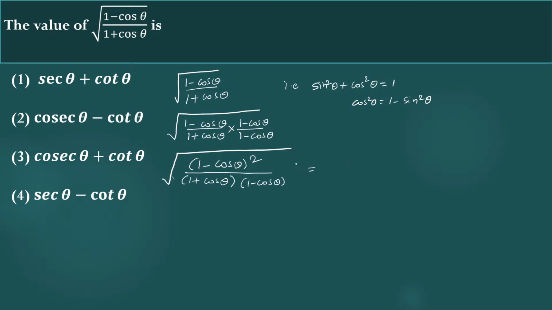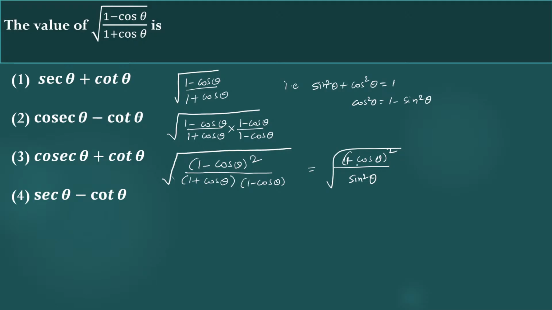Here 1 plus cos theta into 1 minus cos theta is nothing but sin square theta.